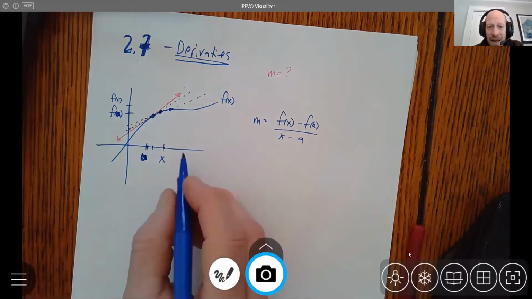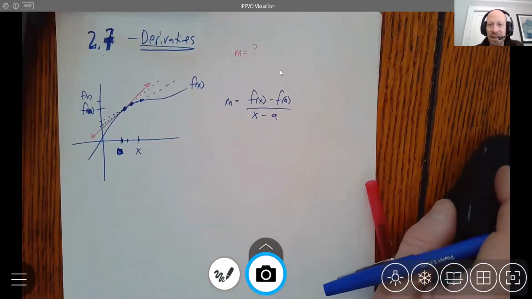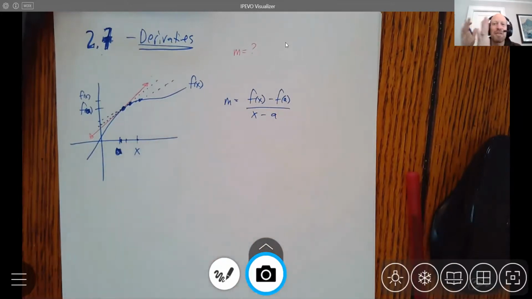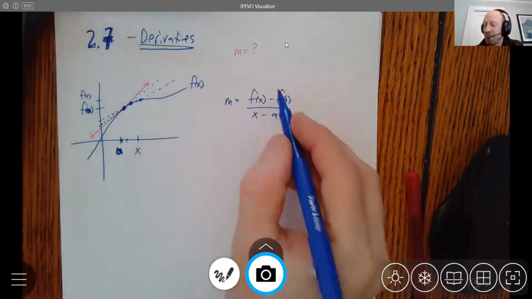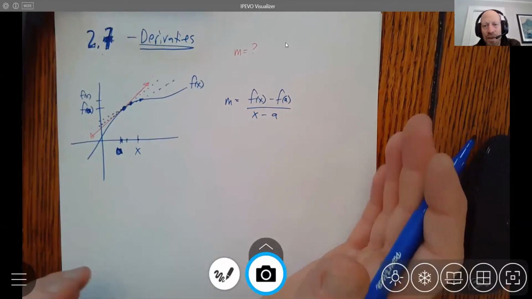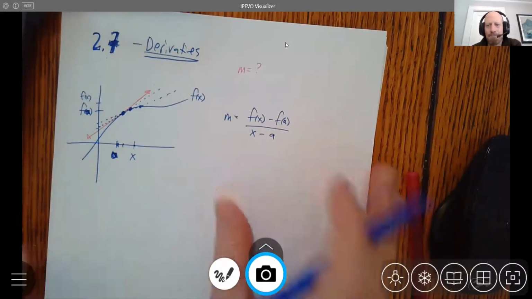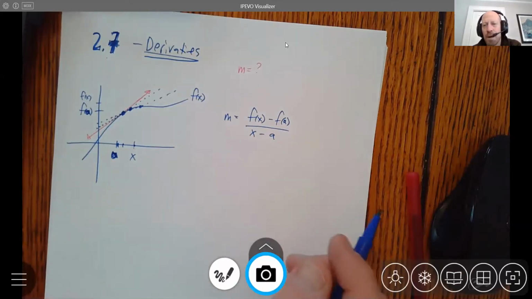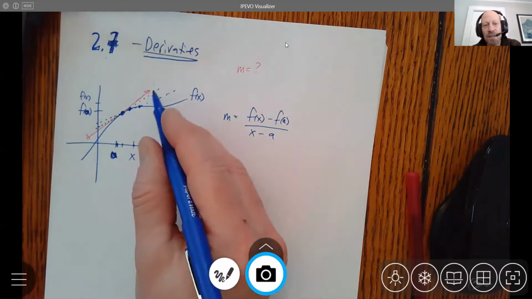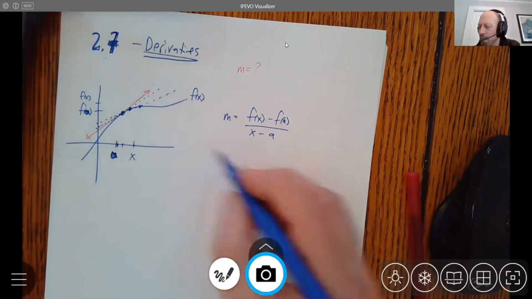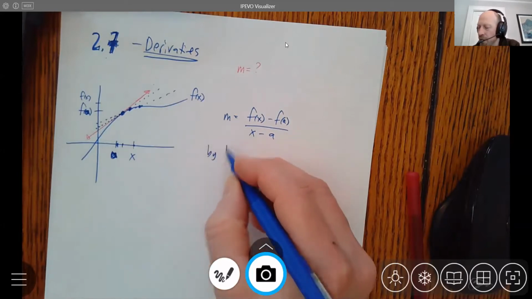Now, I can't make x actually go right to a, because then all of a sudden both the top and the bottom would be 0, and I couldn't calculate the slope. We can't find a slope of a single point. It doesn't actually make sense. But I can make these lines as close to the red line as we want. So let's say that in words here.